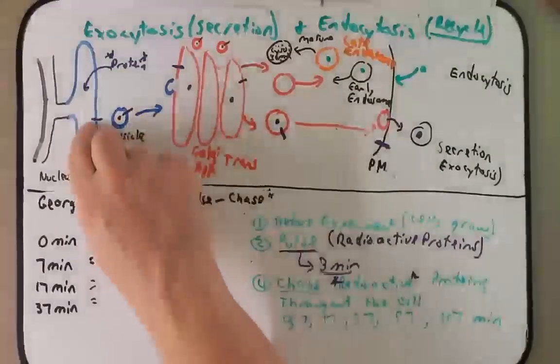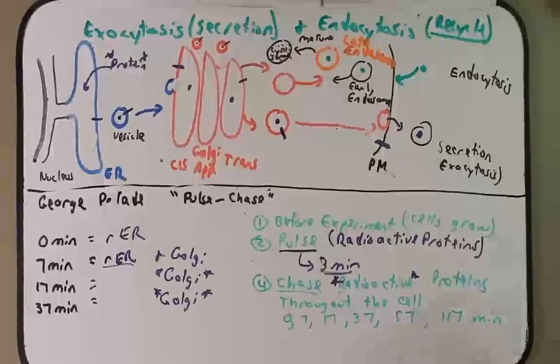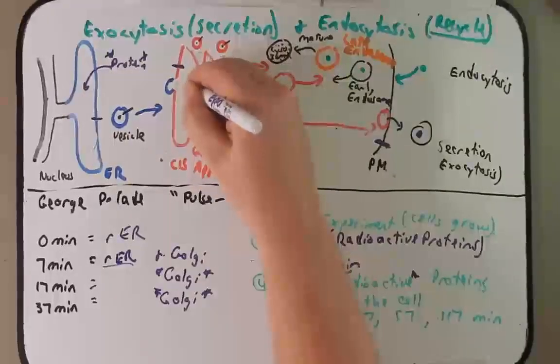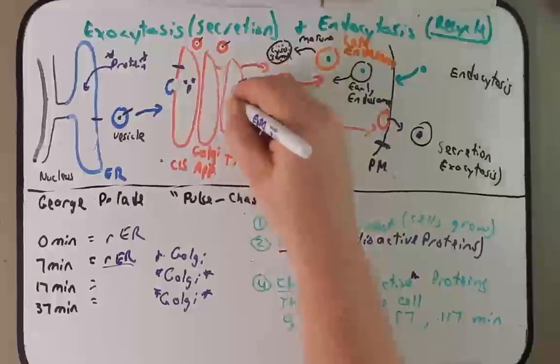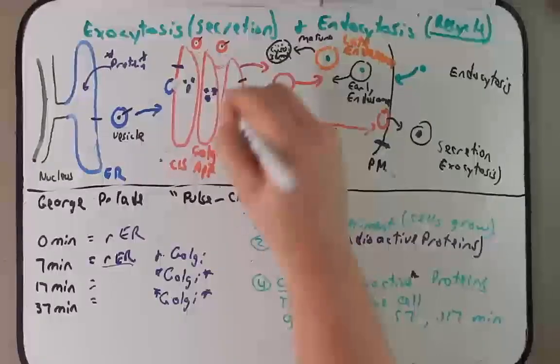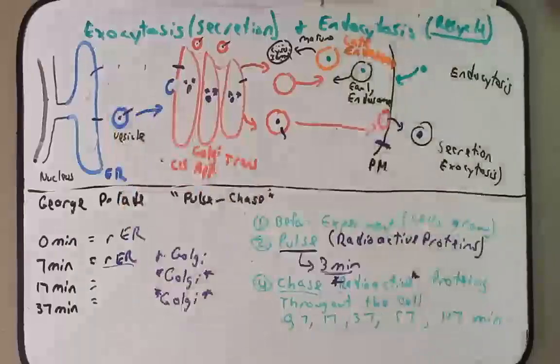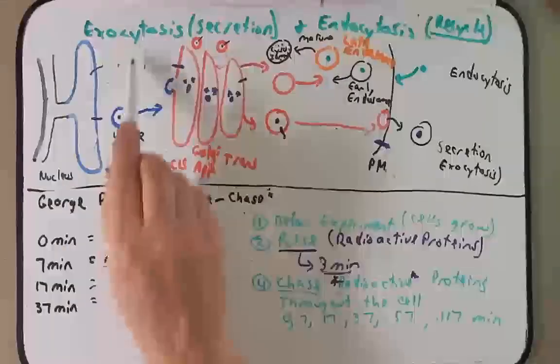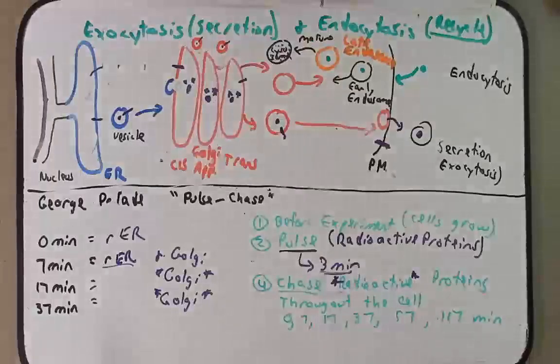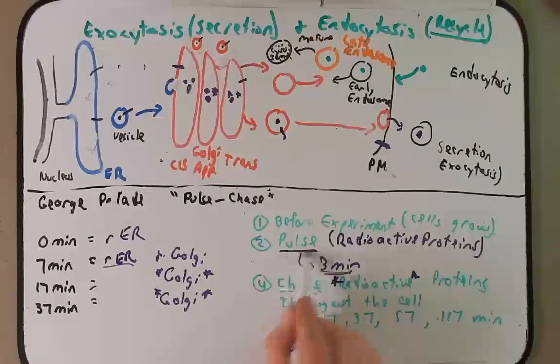And so let's erase this from the ER for now and indicate that we have these proteins now predominating in the Golgi. Though we can't see it, it's important to remember more proteins being taken into the ER. It's just not radioactively labeled, so we can't detect it. We're only detecting that protein that was made during that initial pulse time for 3 minutes.